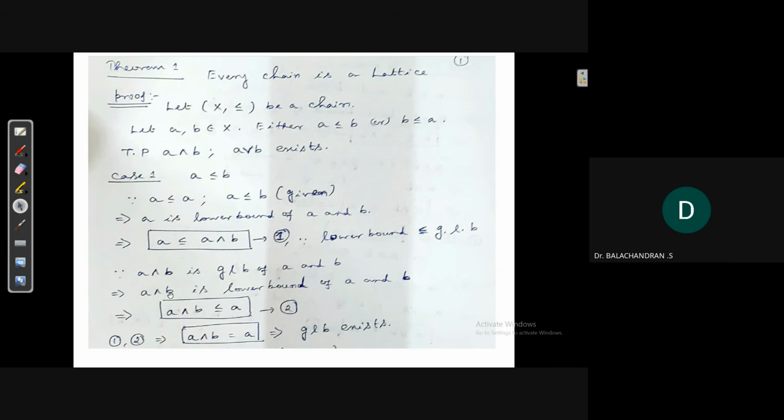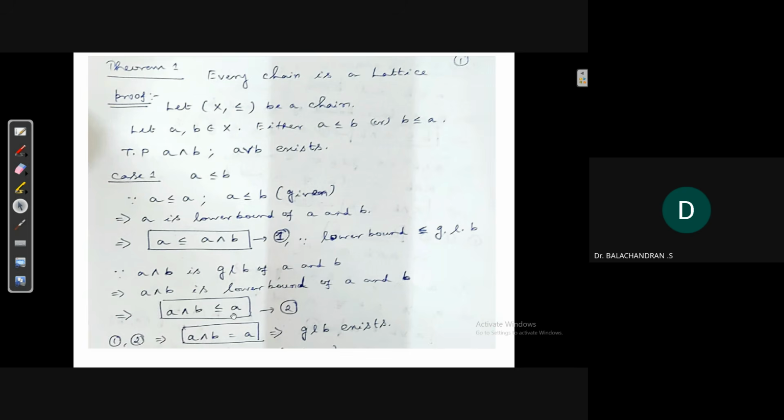That's why it implies A and B is a lower bound of A and B. So this quantity is a lower bound of A. Similarly, this quantity is a lower bound of B. So that implies A and B is less than or equal to A, since A and B is a lower bound of A as well as a lower bound of B. That's why A and B is less than or equal to A.